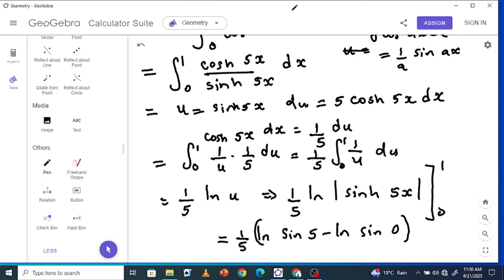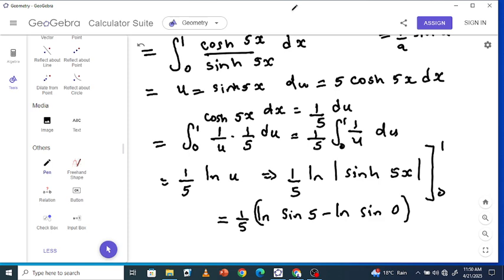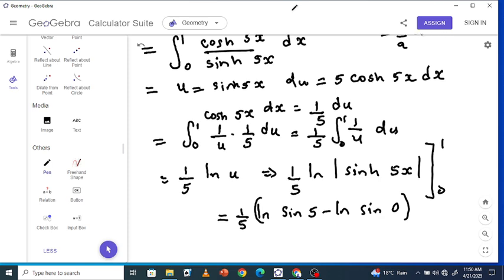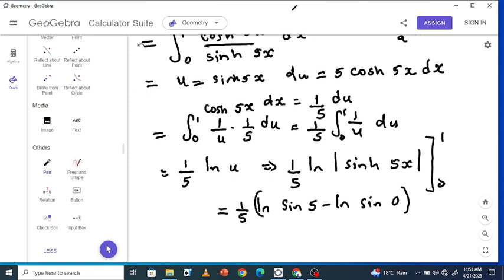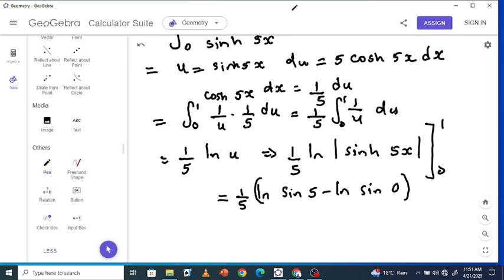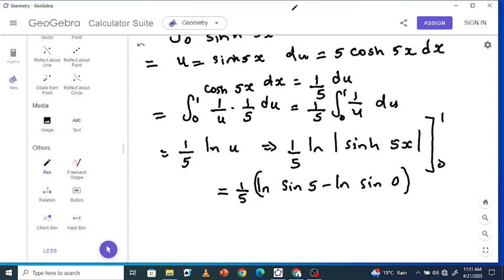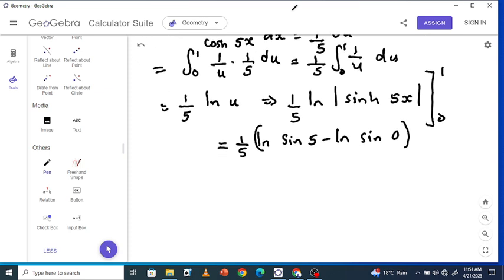Another example that deals with a hyperbolic function. We have another example here, example 2. You have been asked to integrate from 0 to 1 sinh squared x dx.